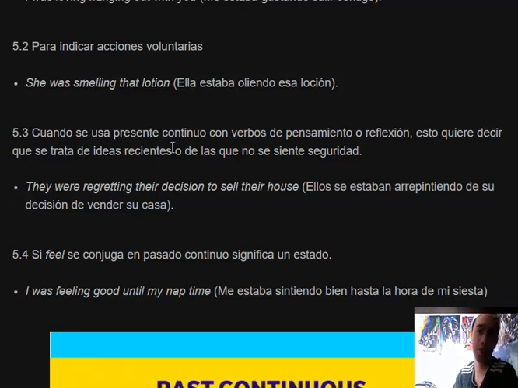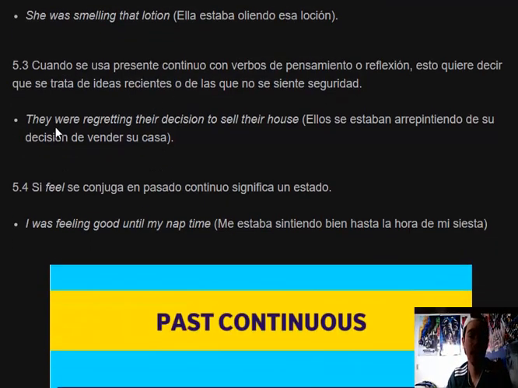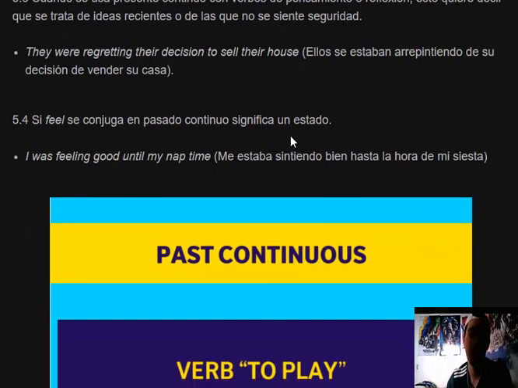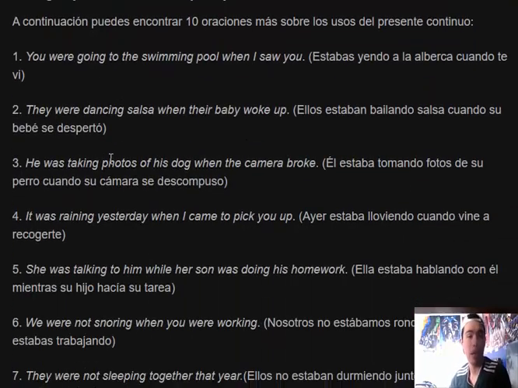When the past continuous is used with thinking or reflection verbs, it indicates recent ideas, like they were regretting their decision to sell their house. And last one, if feel is conjugated in the past continuous, it means a state, like I was feeling good until my nap time.